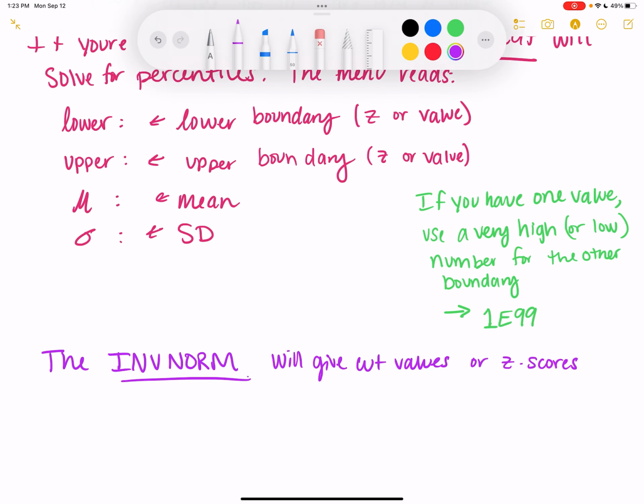And so it's going to ask you for area, which is going to be the percentile. Mu, which is going to be the mean. And sigma, which is going to be the standard deviation.